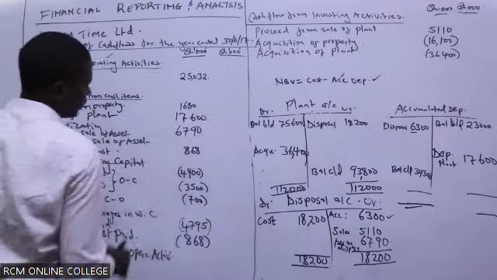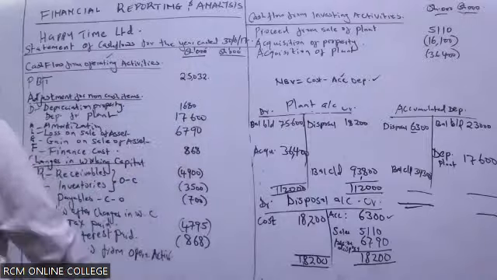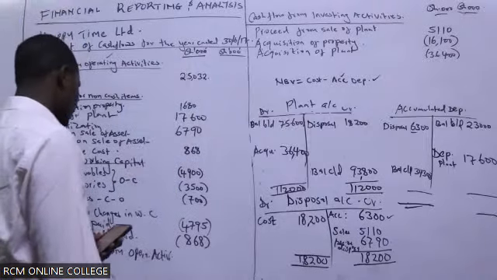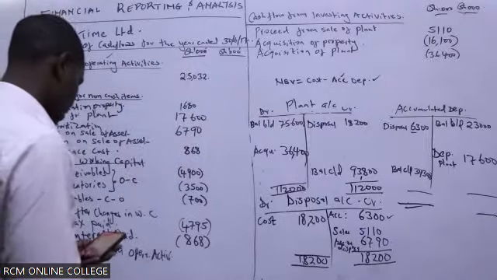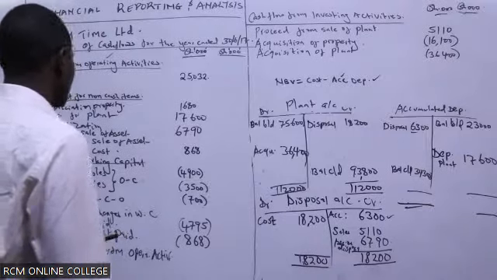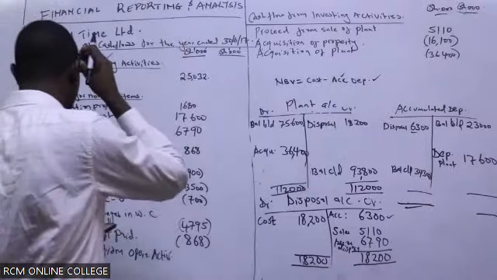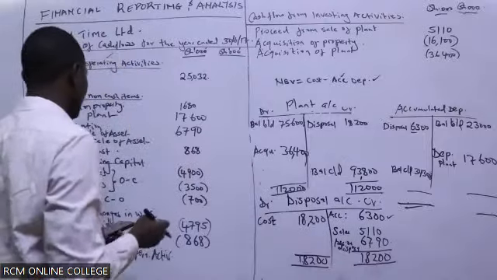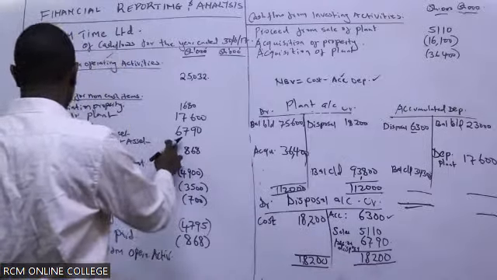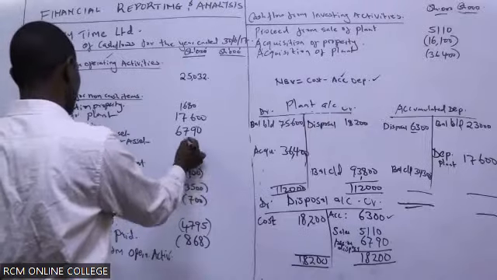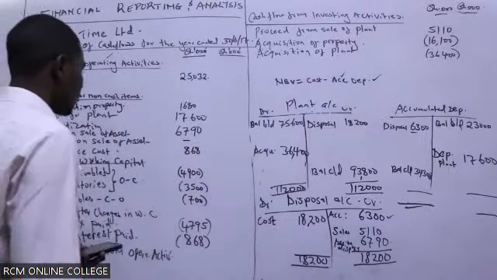17,600. You see, all this we are going to do what? We're going to add. Do we have any other item? So class, because I can see here we don't have any other item. So we did not have the gain here.